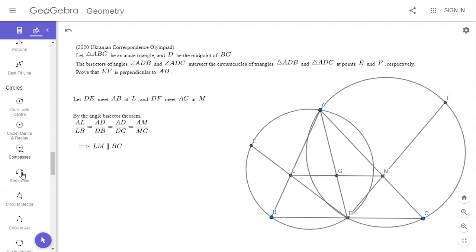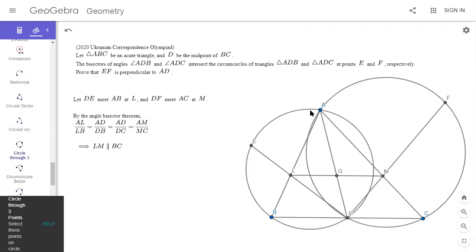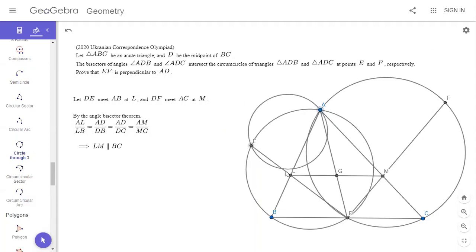We can write DL times DE as DL times LE plus DL squared. And DL times LE is equal to LA times LB, and DL squared is DG times DA.